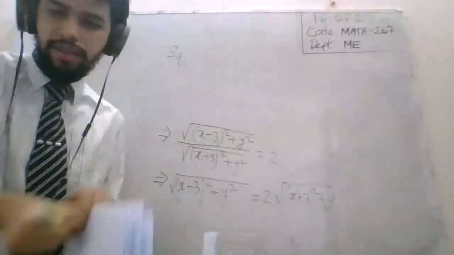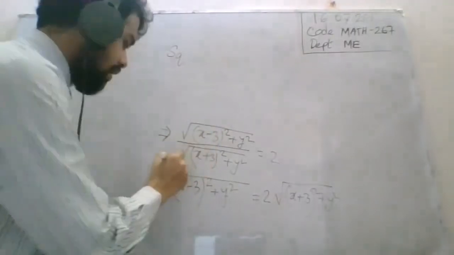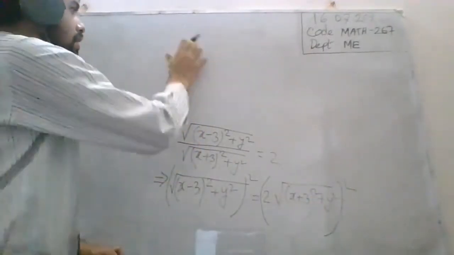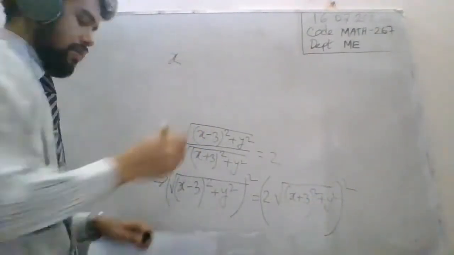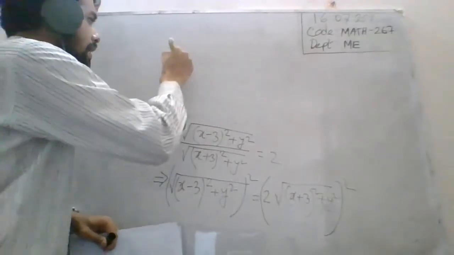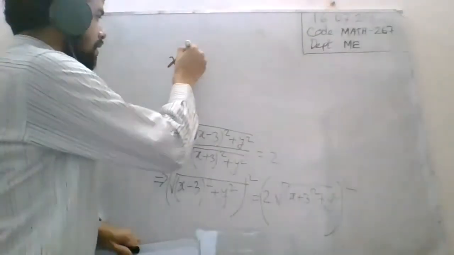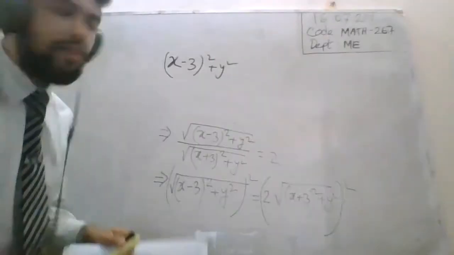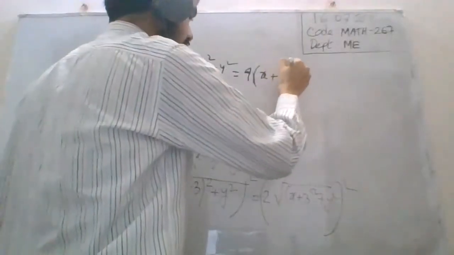So taking the square on both sides, we get (x minus 3) square plus y square will be equal to 4 times (x plus 3) square plus y square.